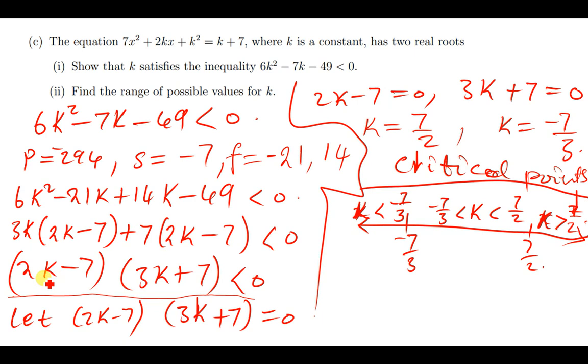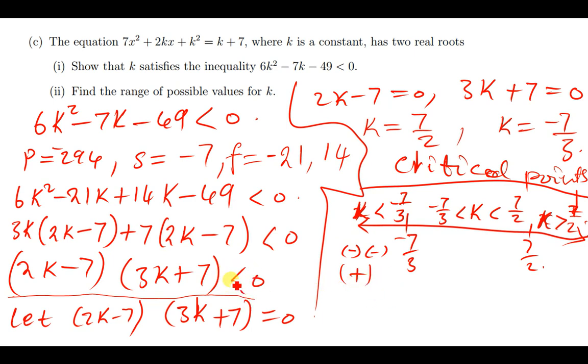Negative 8 minus 7 gives negative 15. The answer I've gotten here is negative, so I'm just going to write a negative sign. When I put the same negative 4 there, I have negative 12 plus 7, which gives negative 5. So I'll put a negative there. Negative times negative is positive.